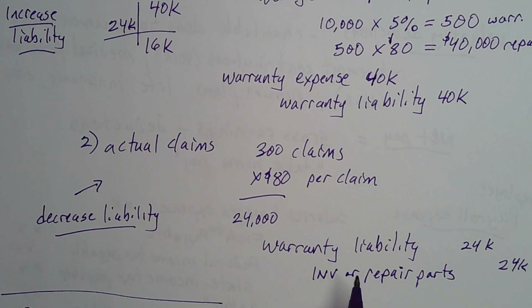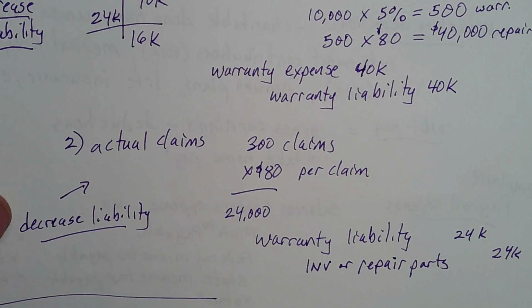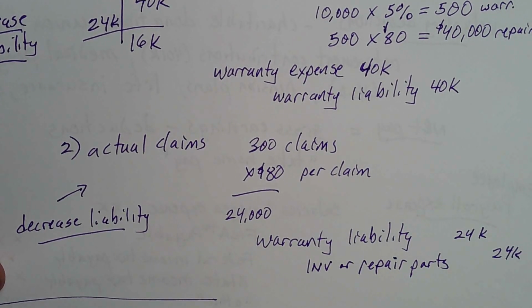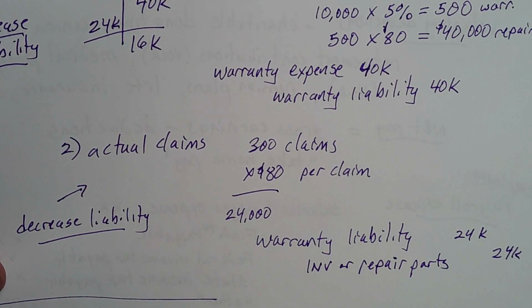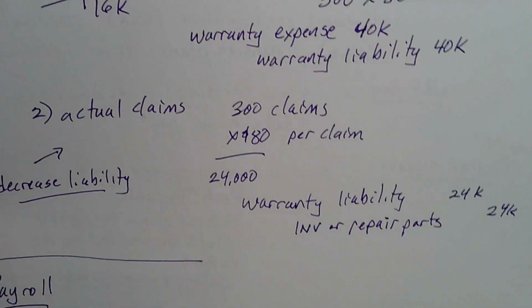When I actually record an actual claim, well, that reduces that amount. And so we either give them a new inventory, or we have repair parts, or whatever the cost is. Okay, so those are the main components of all the, I don't want to say random, but all the main, I guess, current liabilities.